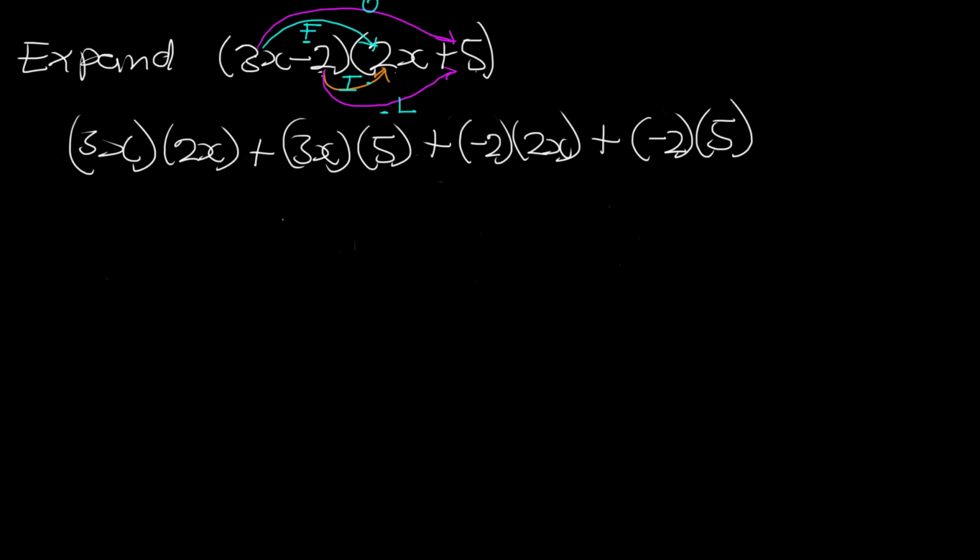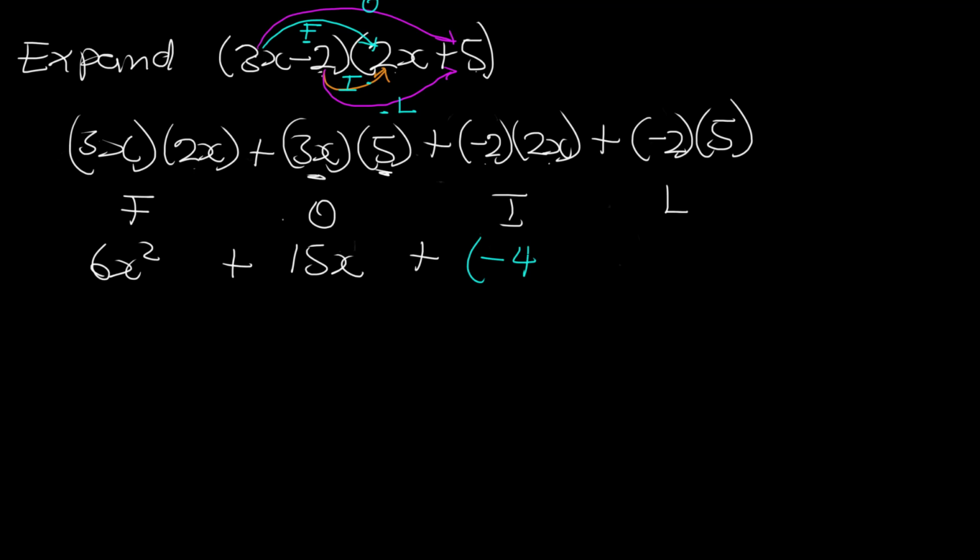This gives us, this is the first term, this is the outer, this term here would give us the inner, and we have the last term. 3x times 2x will give us 6x squared plus 3x and 5 will give us 15x plus minus 2 times 2x would give us, let me put that in a bracket, minus 4x plus minus 2 times 5 will give us minus 10.